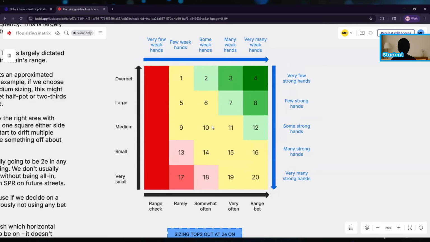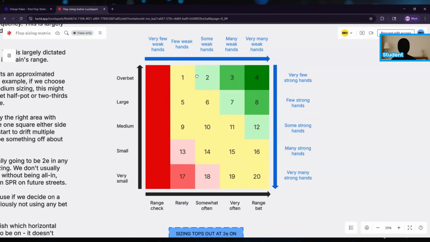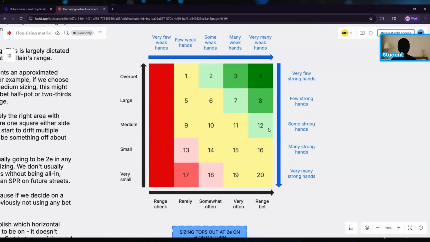But the first step is for any given situation, whether it's a flop, turn, river, whatever it is, if we can have a reasonably good idea of how our range is going to be built and how our opponent's range looks, then we're usually going to be able to build a strategy that's going to be pretty coherent and pretty logical.